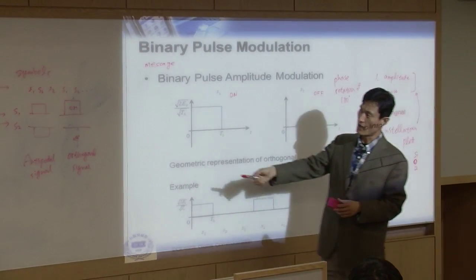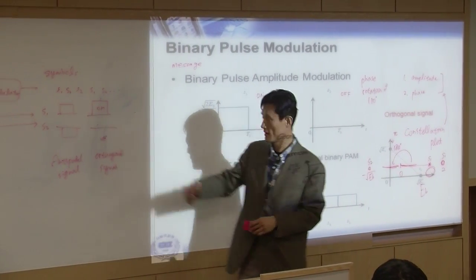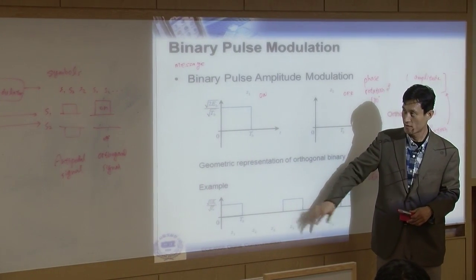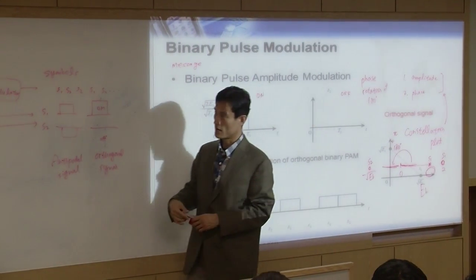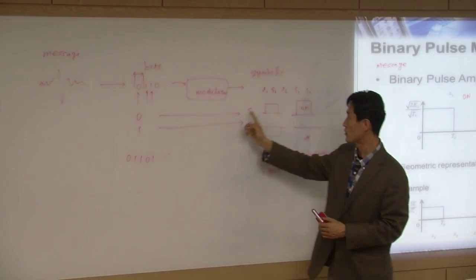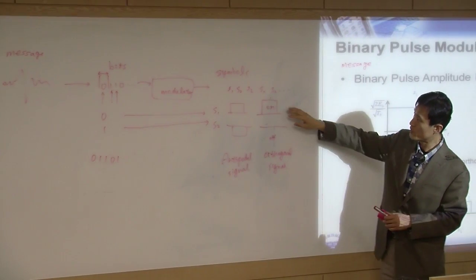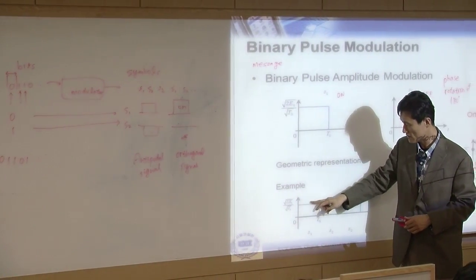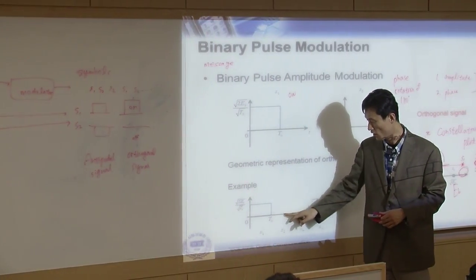So once you use this kind of mapping, now we are going to get this output. 0 is mapped to S1, 1 is mapped to S2, things like that. This one is S1, this one is S2. So S1 means on, S2 means off.